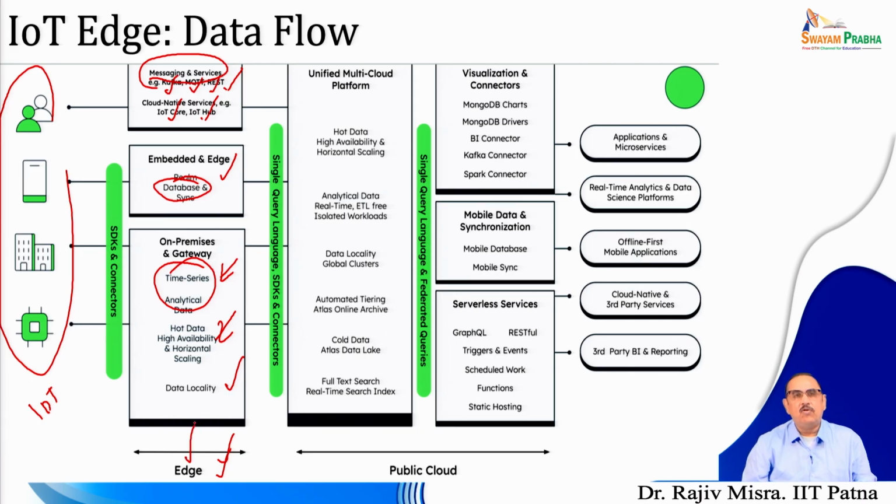So, all kind of support that the cloud used to do has to be mimicked at the edge level, and the most important thing is how you are going to store the time series data.